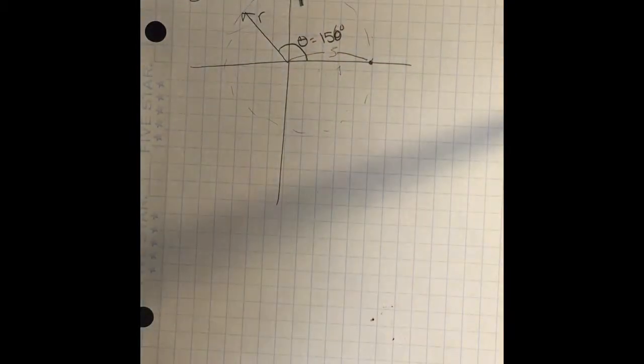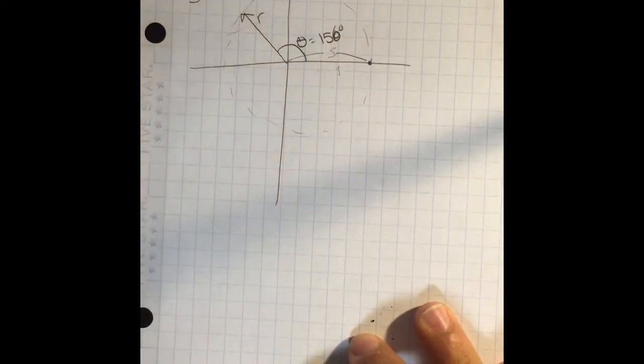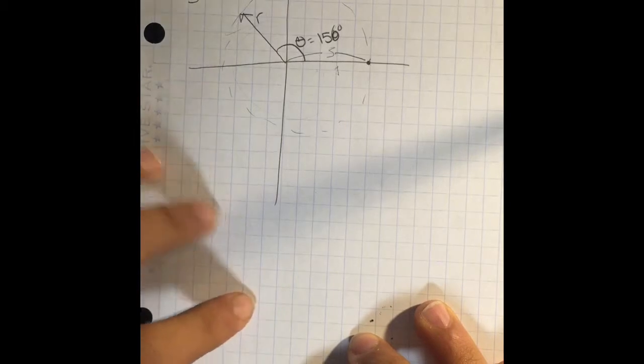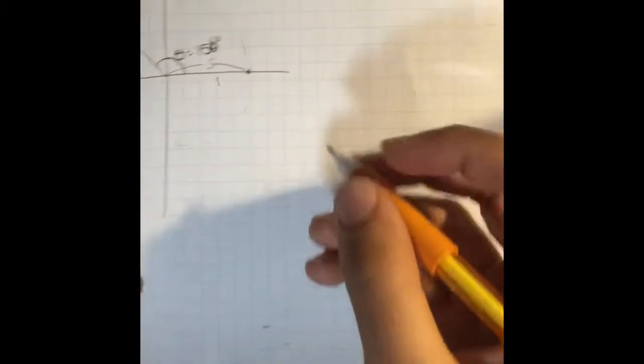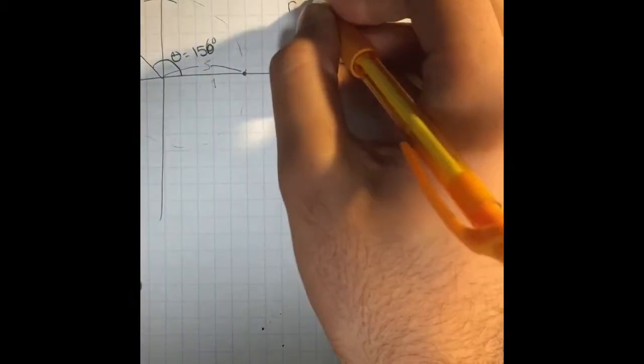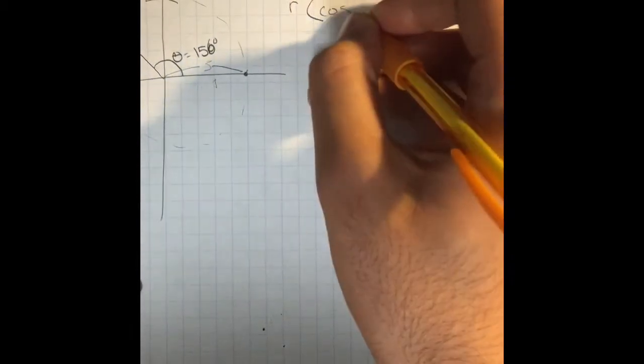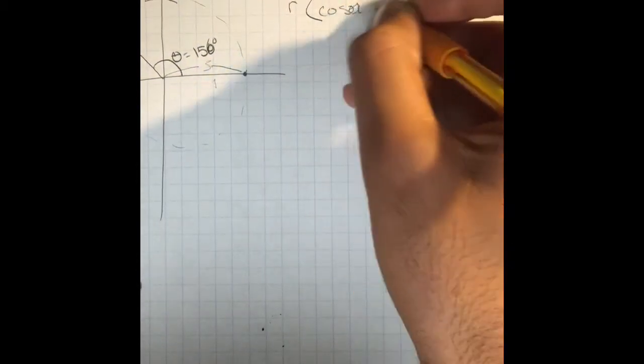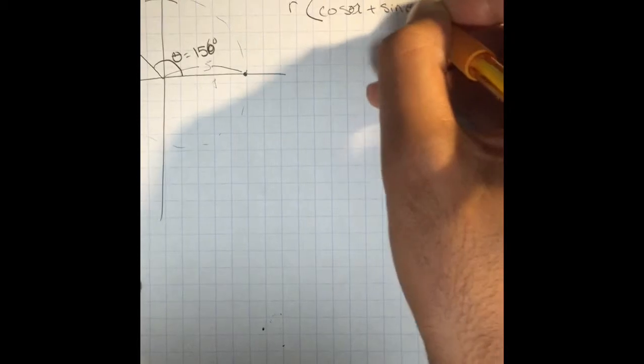We see the new position vector that it asks for. We know that the radius is 3, so we can use our equation, radius times cosine theta i plus sine theta j, for circles.